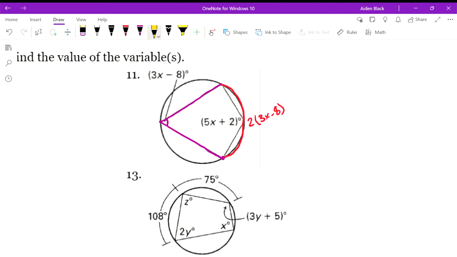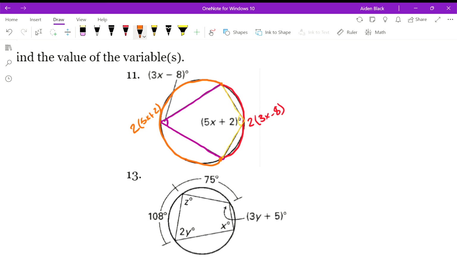And then on this side, we have this inscribed angle, which intercepts this arc over here. And you'll notice, I'll just name it 2 times 5x plus 2, right? Because that is the inscribed angle that it comes from.